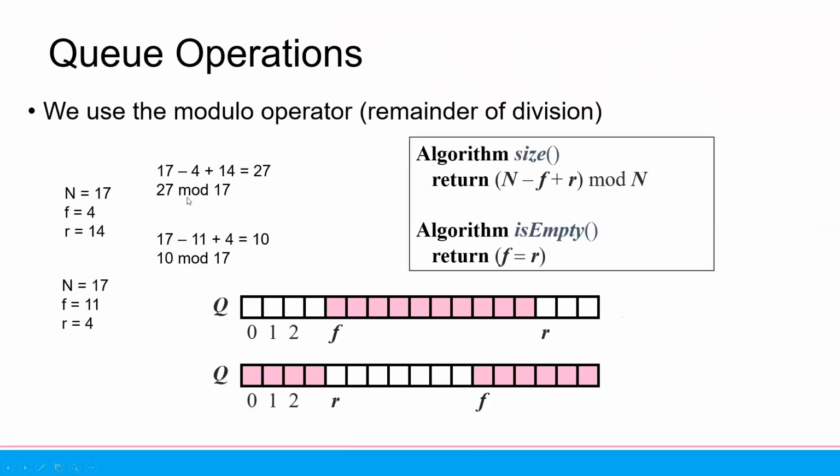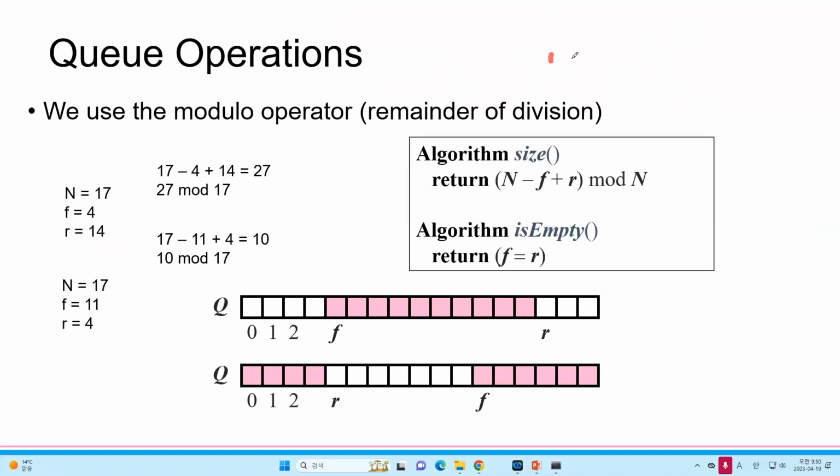So we can look at this kind of Q operation by using the modulo operation. You know, modulo is using the percent sign. 5 modulo 2, we call the remainder analogy.